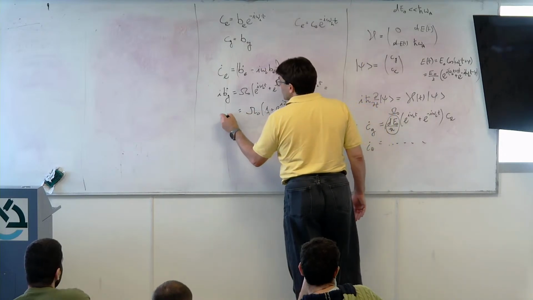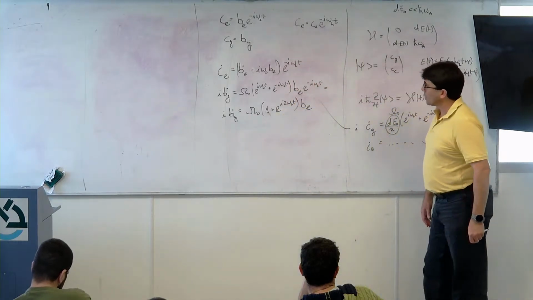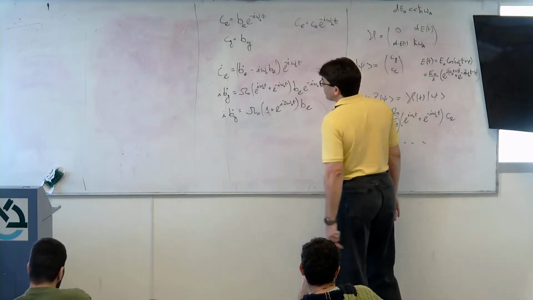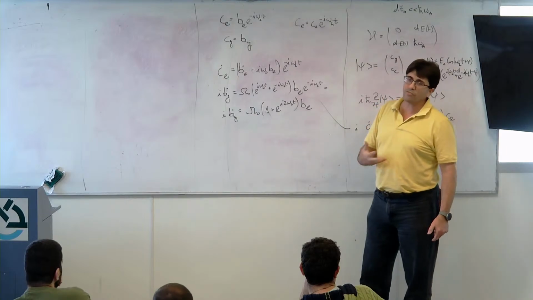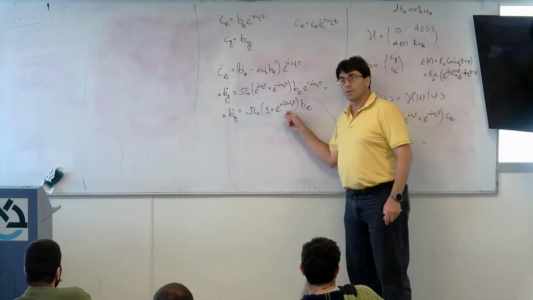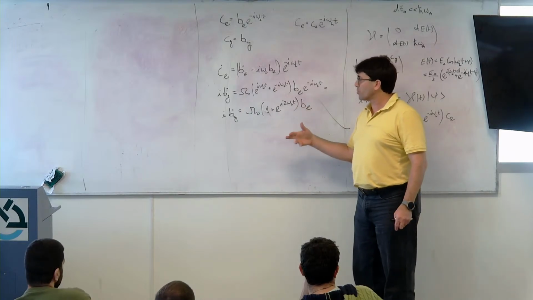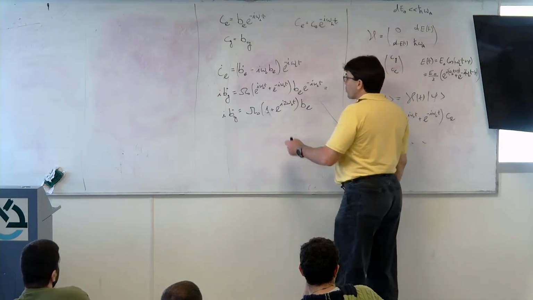That's what i BG dot equals. And then we say, look, this is rotating extremely fast in time, which means that whatever it contributes, it doesn't contribute for a long time. It very quickly becomes opposite. So we just throw it away.